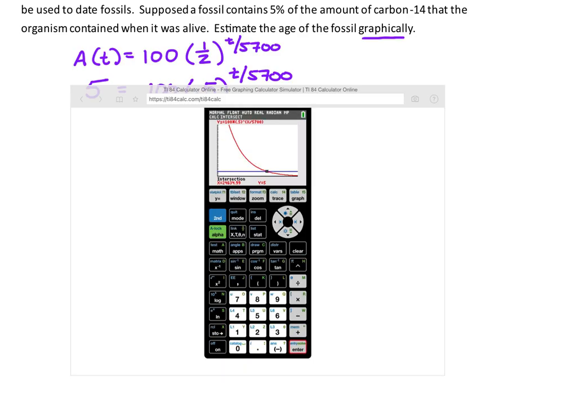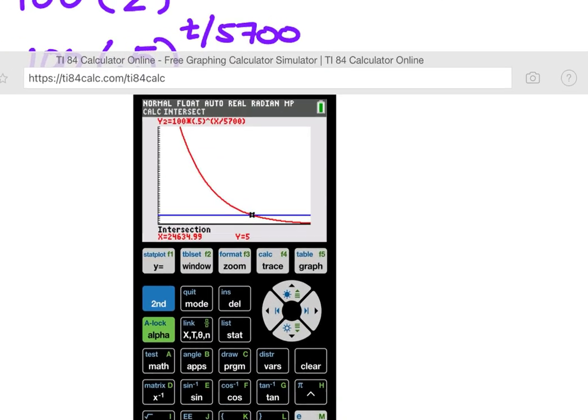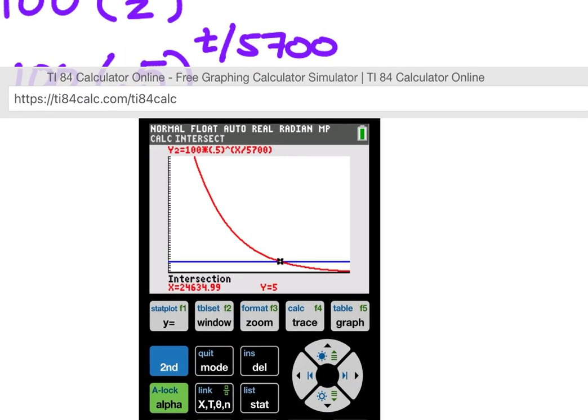We press enter, enter, enter, and when we do that, we get 24,635.